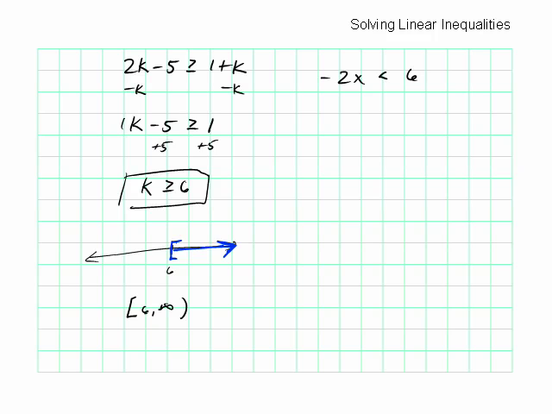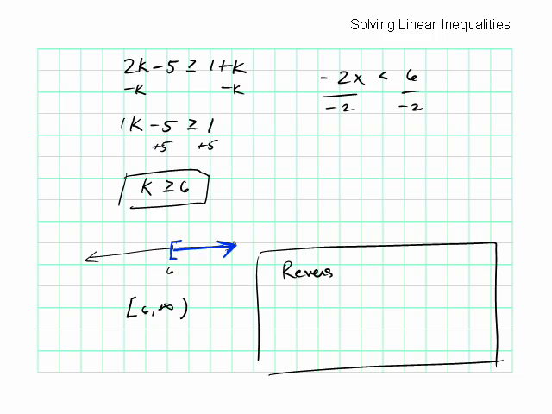Now, to solve this inequality for x, we have to divide both sides by -2. Now, as I mentioned just a few minutes ago, the one extra rule that we have in solving inequalities is this.